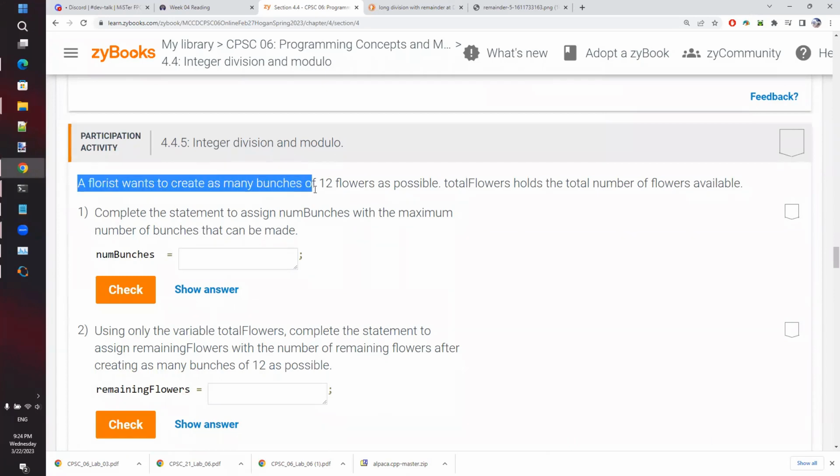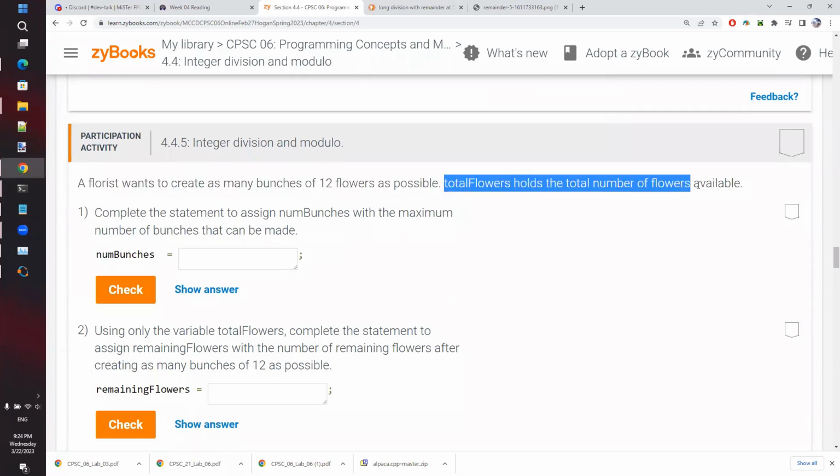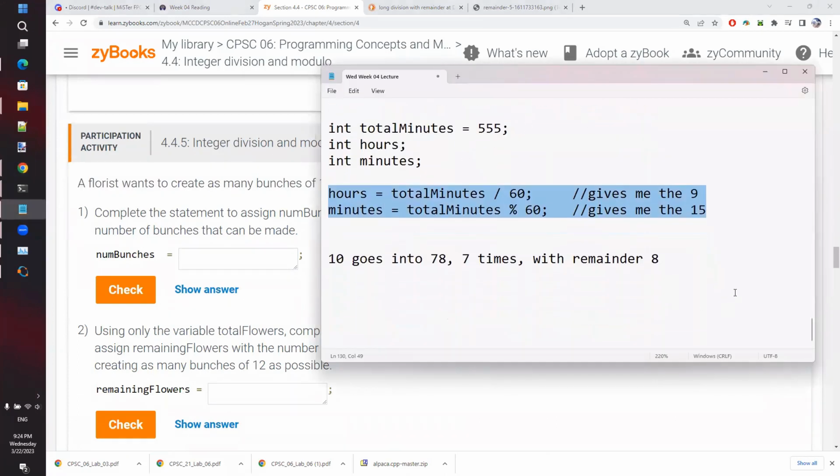So it says a florist wants to create as many bunches of 12 flowers as possible. Total flowers holds the total number of flowers, right? So imagine there was like 10,000 flowers.